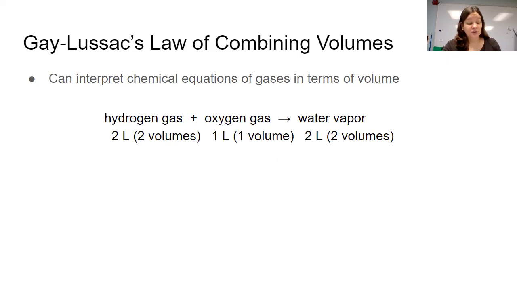The reaction that he observed was reacting hydrogen gas and oxygen gas, and it produces water. If you balance that equation, it takes 2 volumes of hydrogen, 1 volume of oxygen, and you get 2 volumes of water vapor. So you do 2 liters of hydrogen, you would react that with 1 liter of oxygen, and you would produce 2 liters of water vapor. As long as you keep the pressure and the temperature the same, this law holds true.